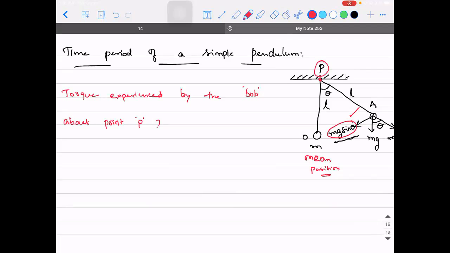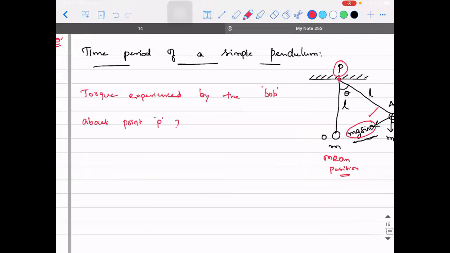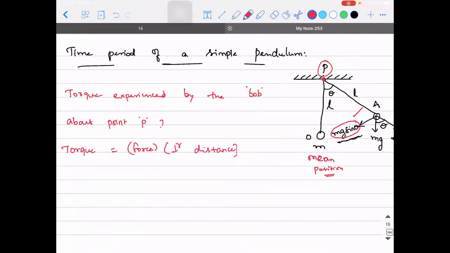This is the axis of rotation about which it is revolving. We know a formula: torque is equal to, in terms of magnitude, force into perpendicular distance. You know this, right? Torque is equal to force into perpendicular distance.